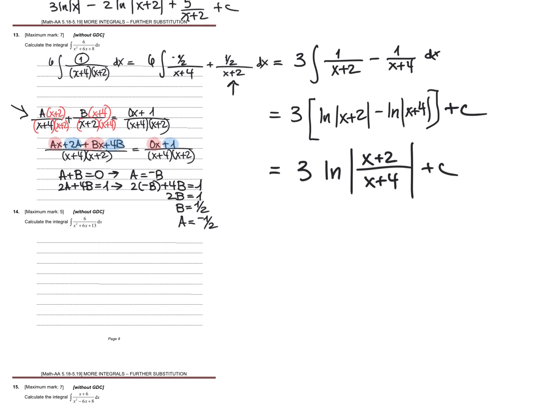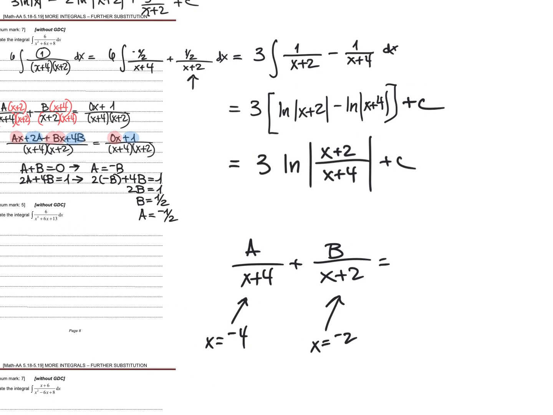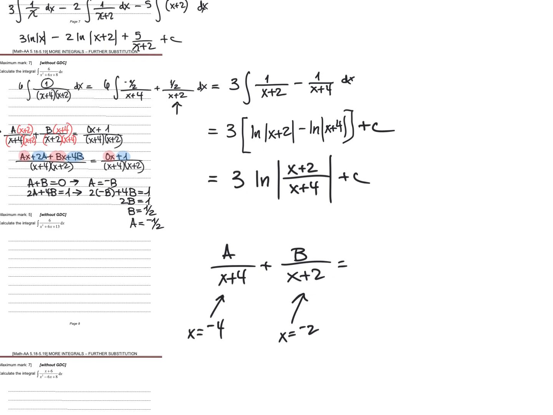If we have a over x plus 4 plus b over x plus 2. So for this one, we have x equals negative 4. And for this one, we have x equals negative 2 when we set those to 0, right? And this is equal to 1 over (x plus 4) times (x plus 2).